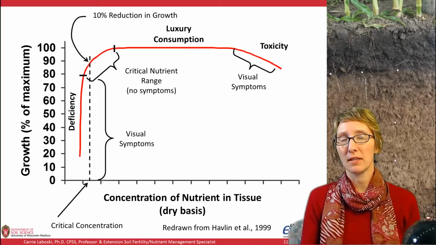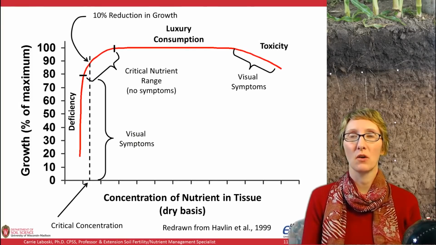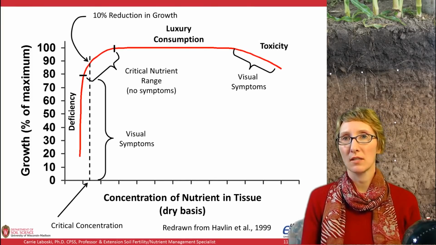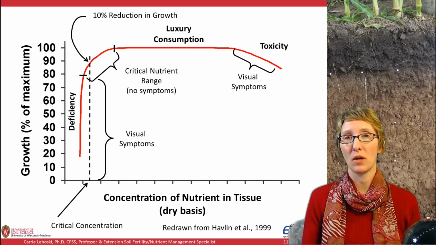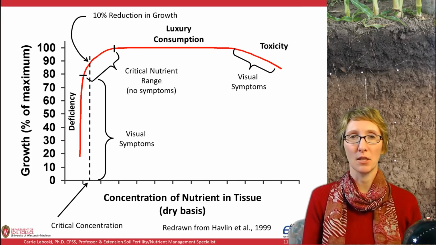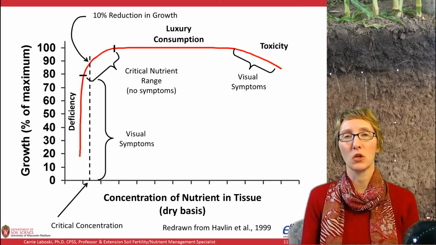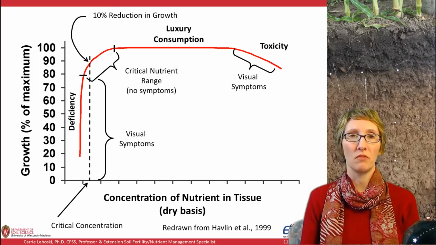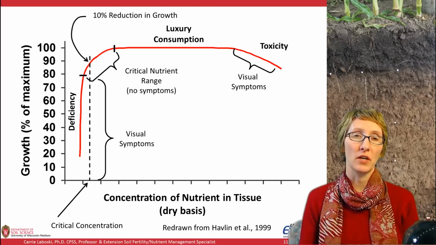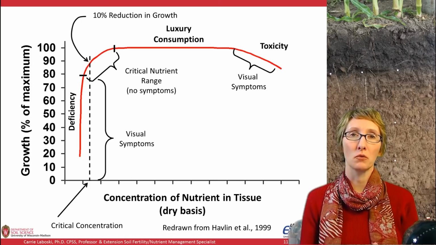And I'm going to take the time now to point out that in Wisconsin and most other states that I'm aware of, a lot of the plant analysis research was done in the 1980s, some in the 70s, and it trickled into the early 90s. There's been very little research in this area since probably about 92 or 93.